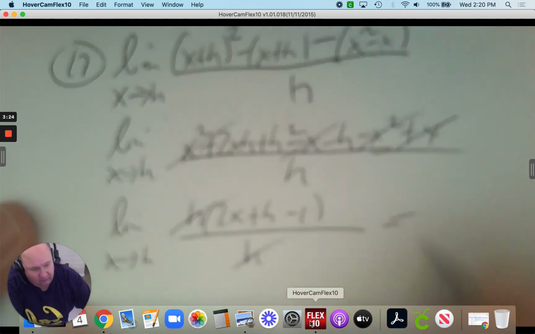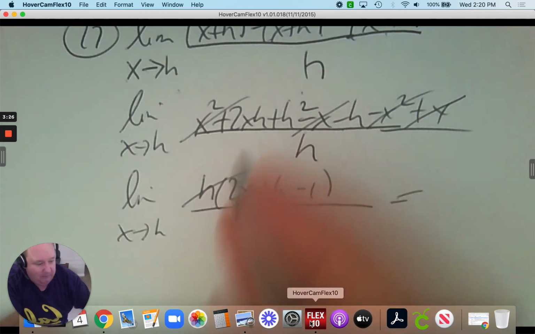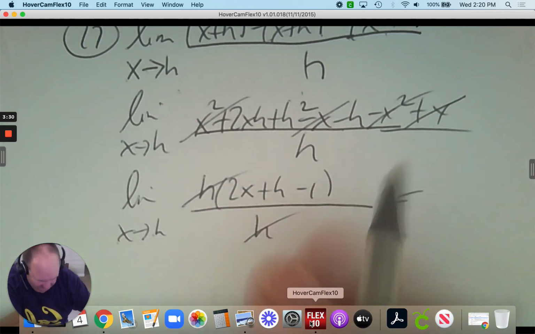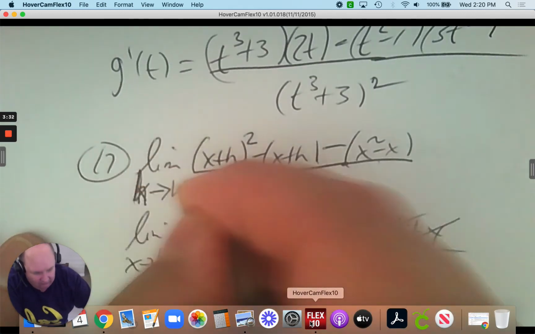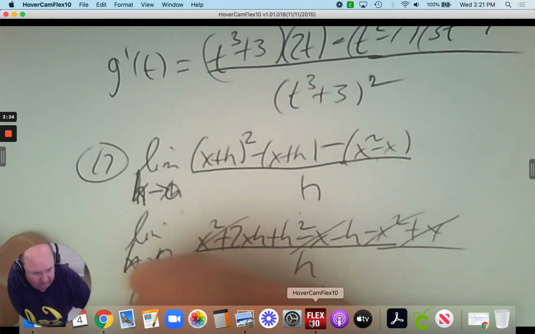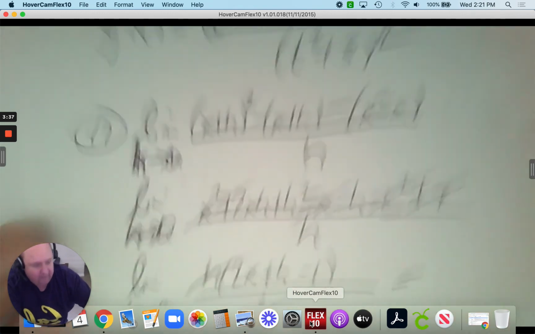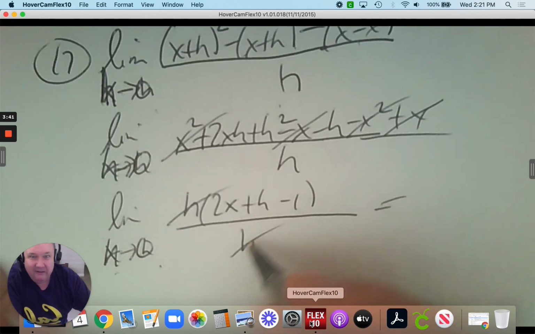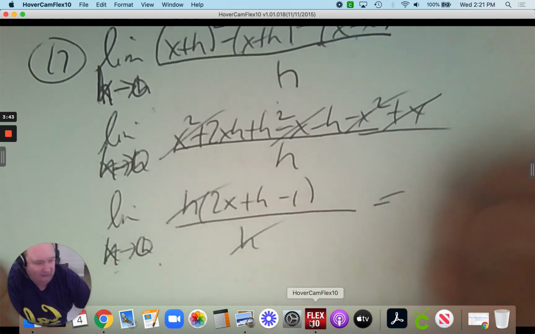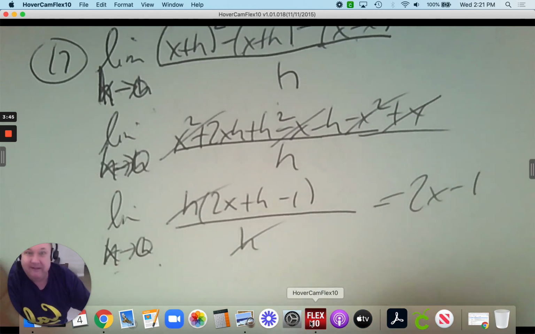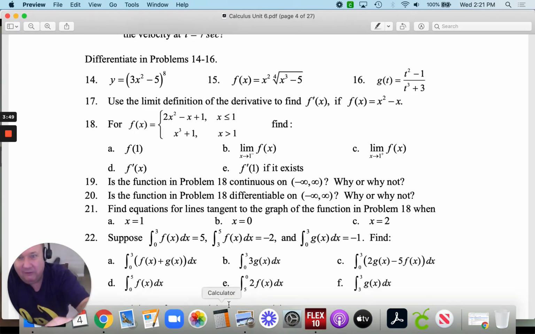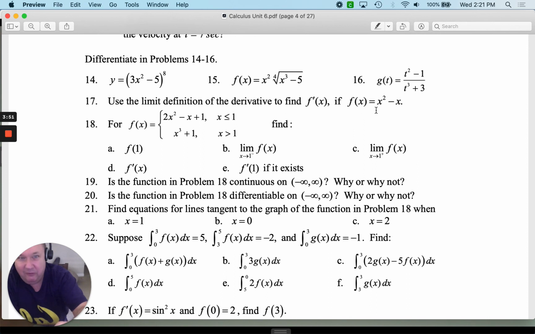The h's finally divide out, and then plug in, did I say as x approaches, as h approaches 0, my bad, as h approaches 0. So now plug in 0 for h, and you have 2x subtract 1. That's the derivative. Double check, did you do it correctly? So the derivative would have been 2x subtract 1.